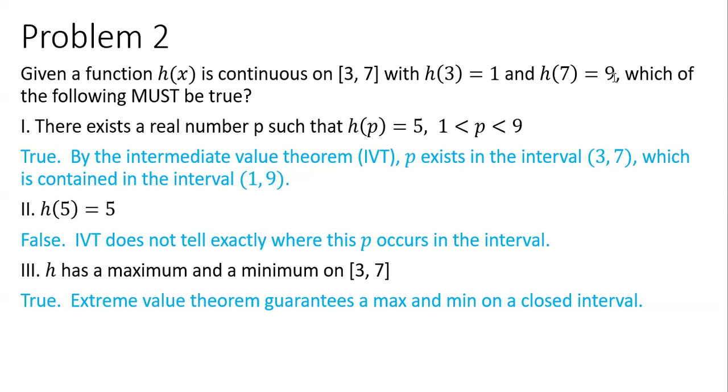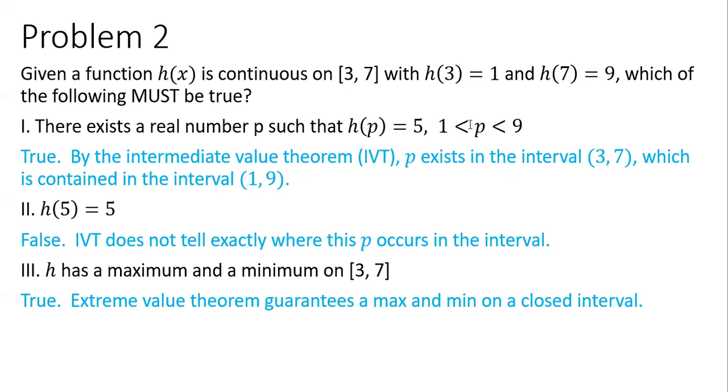So that means there must be some value of x between 3 and 7 such that h of x, or we can call it p, h of p is equal to 5. 5 is between 1 and 9, so to get from 1 to 9, you have to cross the 5. The theorem says it's within 3 to 7, this interval. This interval 3 to 7 is contained within 1 through 9, so it's true.